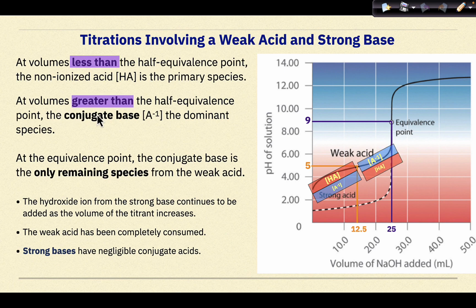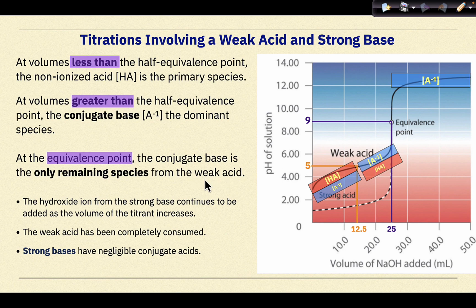At volumes greater than half equivalence, the conjugate base, A-, is the dominant species. So past half equivalence, the concentration of the weak base is going to be greater than the concentration of the weak acid. They both exist in this region, but there's more of the weak base.